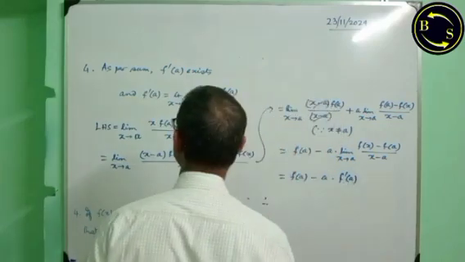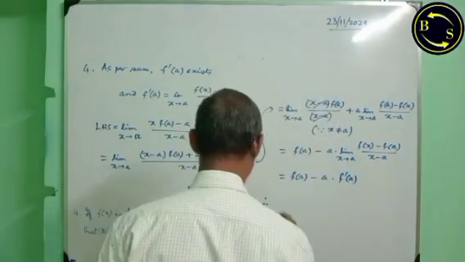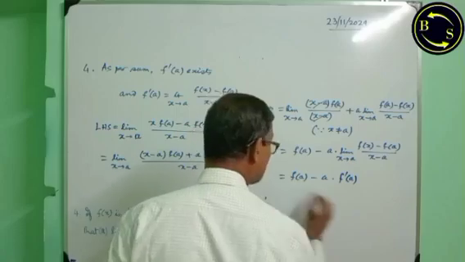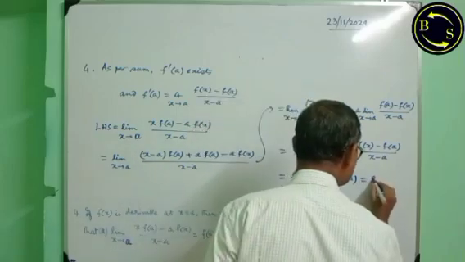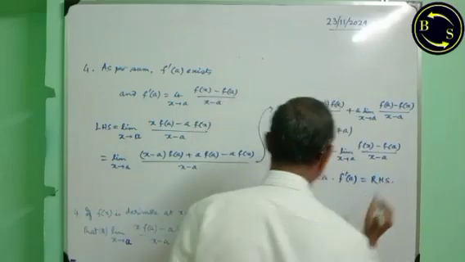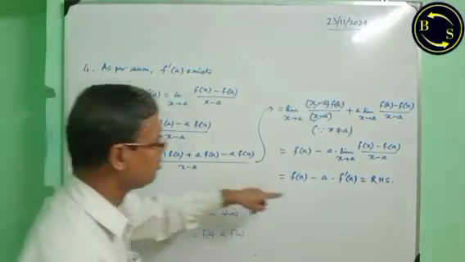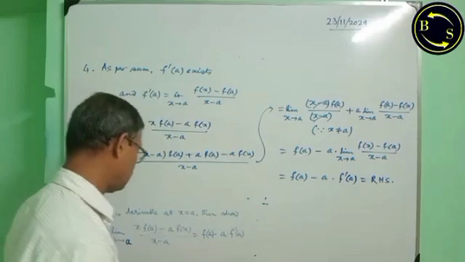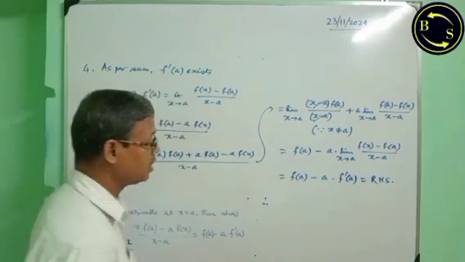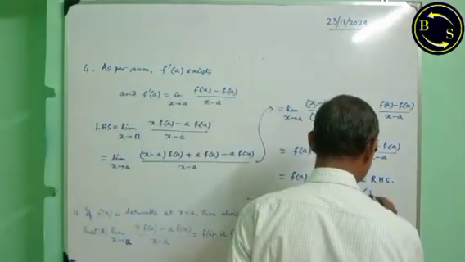Therefore, I can write the final step like this, or write RHS. Already I started from the LHS part and got the right hand side part f a minus a f dash a. Therefore, the sum is solved.